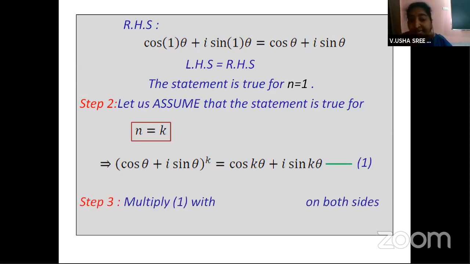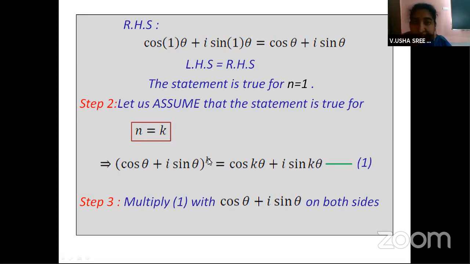Step 3 says multiply equation 1 with cos theta plus i sin theta on both sides. Now the question is why we are multiplying with cos theta plus i sin theta on both sides. See, if I multiply the left hand side with cos theta plus i sin theta, then the left hand side becomes (cos theta plus i sin theta) whole power k plus 1.